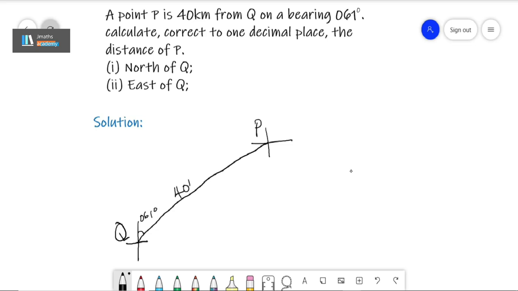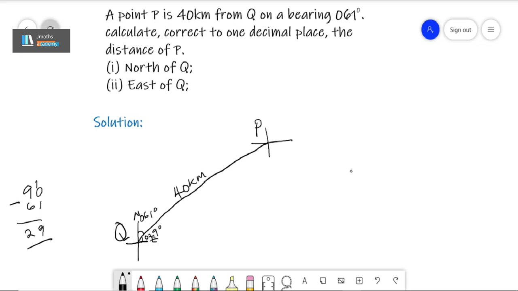We know that from north to east is 90 degrees, so take 61 from 90 degrees. We are left with 29 degrees.